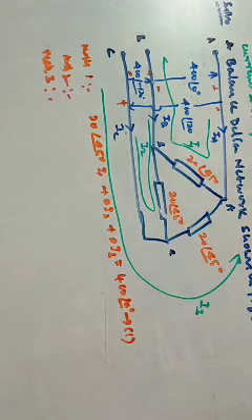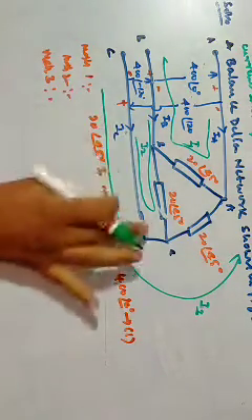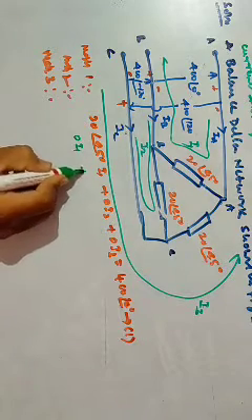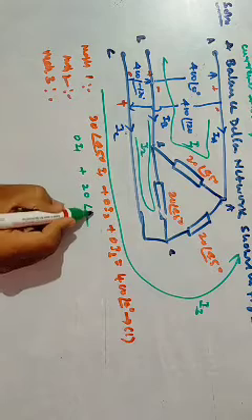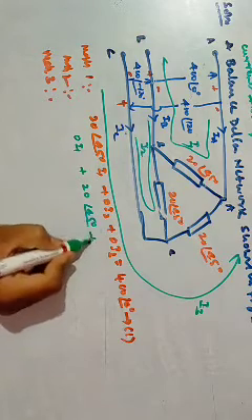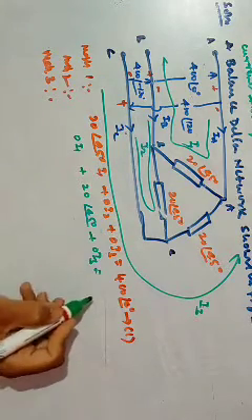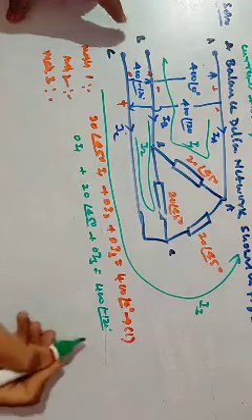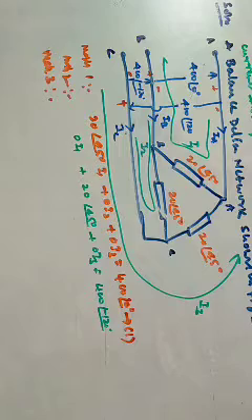Similarly, for mesh 2, only I2 is flowing, so 0 I1 plus 20 at an angle of 45 degrees I2 plus 0 I3, and the voltage for this is 400 at an angle of minus 120 degrees.